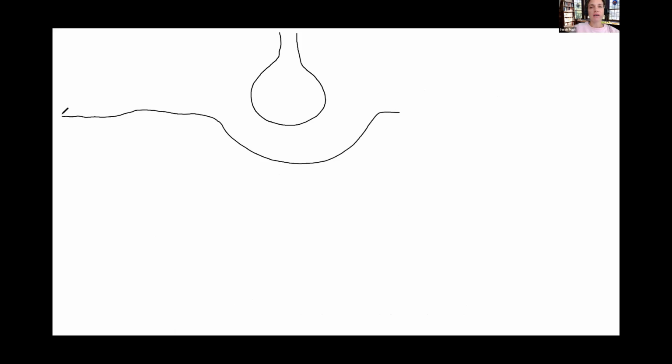I walked you through a drawing where I have the nerve coming into the muscle cell, and we have our muscle cell.